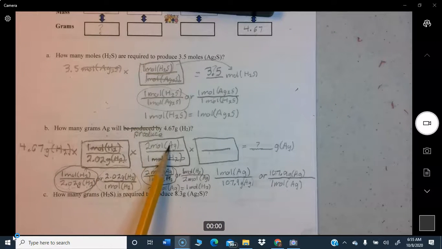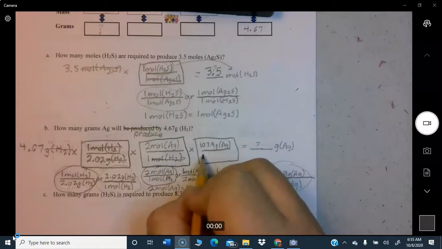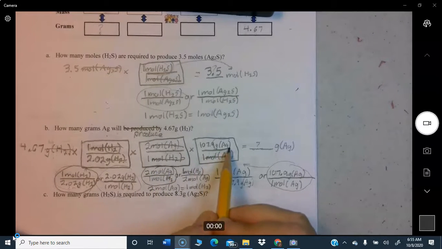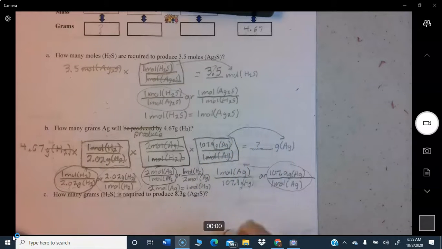We need moles of silver to disappear to cancel. And we need grams of silver to appear on the top for the final answer. So it's going to be this second one over here. So we're going to put that up there. Okay, so moles of Ag cancels with moles of Ag. The last unit left is grams of Ag, which is in your final answer.